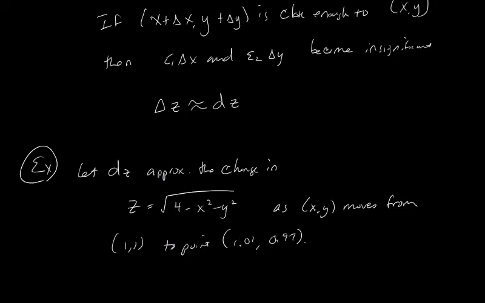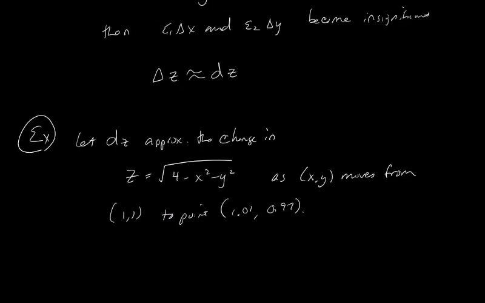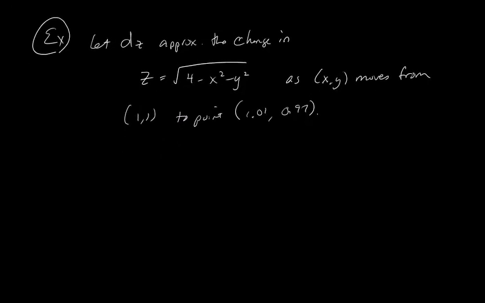All right, so you can tell these are small changes, right? They are small changes from x naught to x1, if you will, from 1 to 1.01 and from 1 to 0.97. So let's go ahead and find dz.